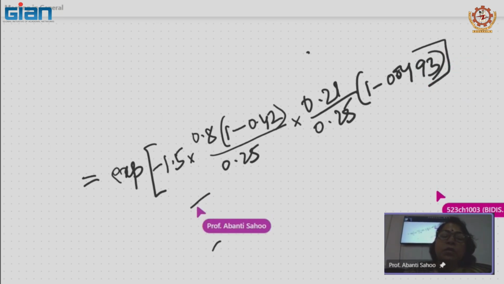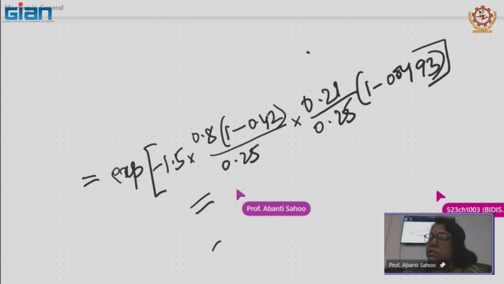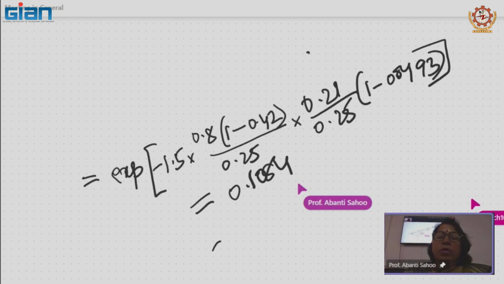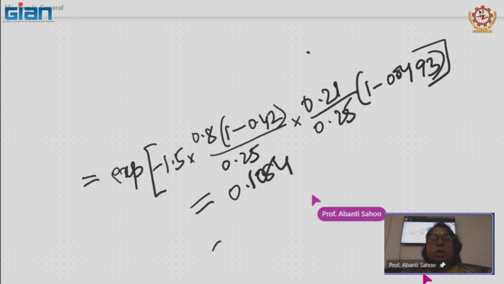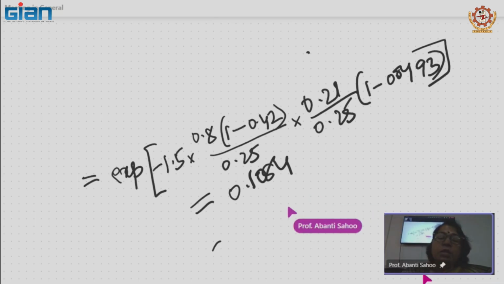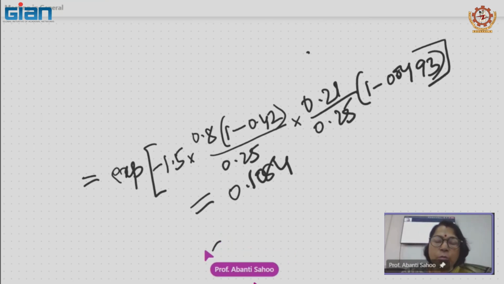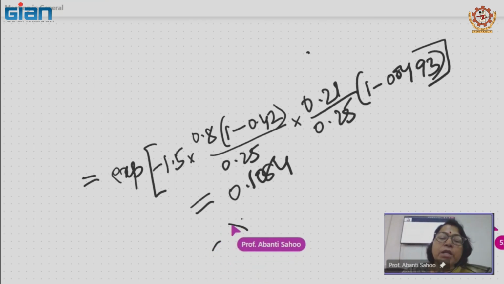So, this is coming 0.1084. So, your 1 minus X_A is 0.1084, that means 1 minus X_A is how much is not consumed. X_A is the fraction getting converted, so 1 minus X_A is not converted. Now, we can calculate X_A from this.